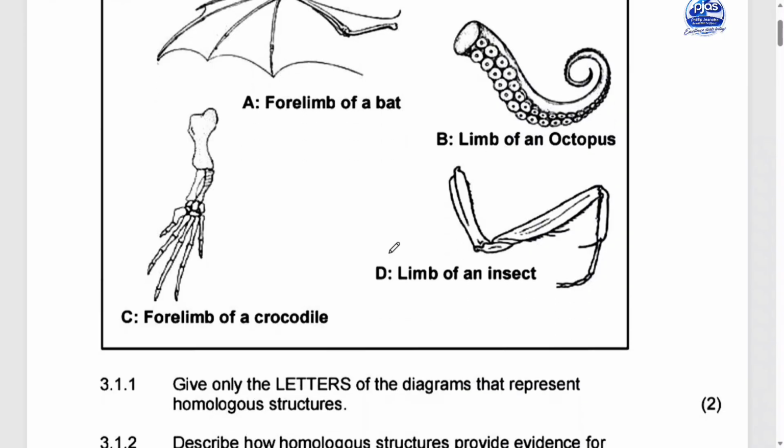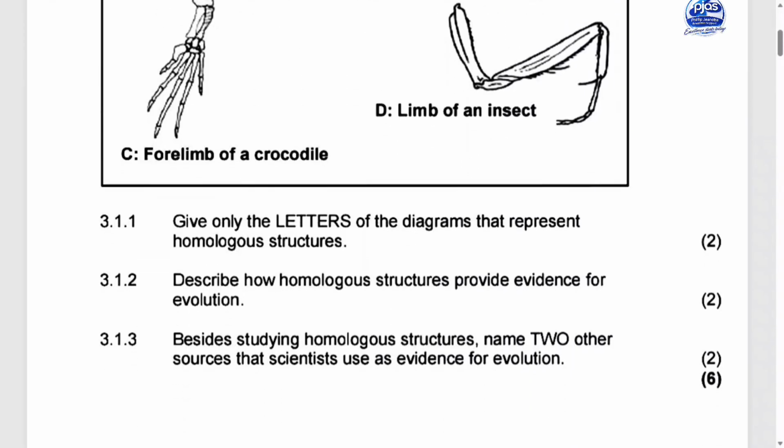Okay, cool. The first question says to give only the letters of the diagram that represent homologous structures. Remember that. What do we mean by homo? Homo means the same.